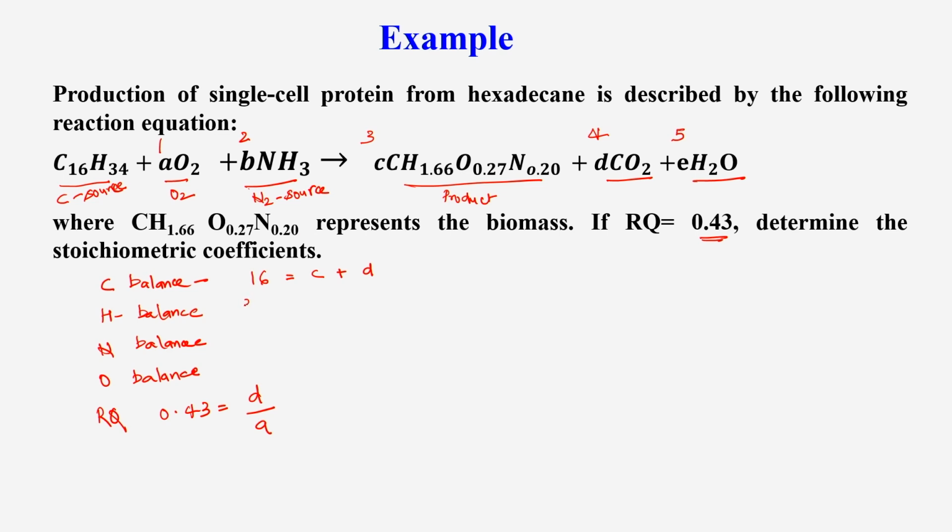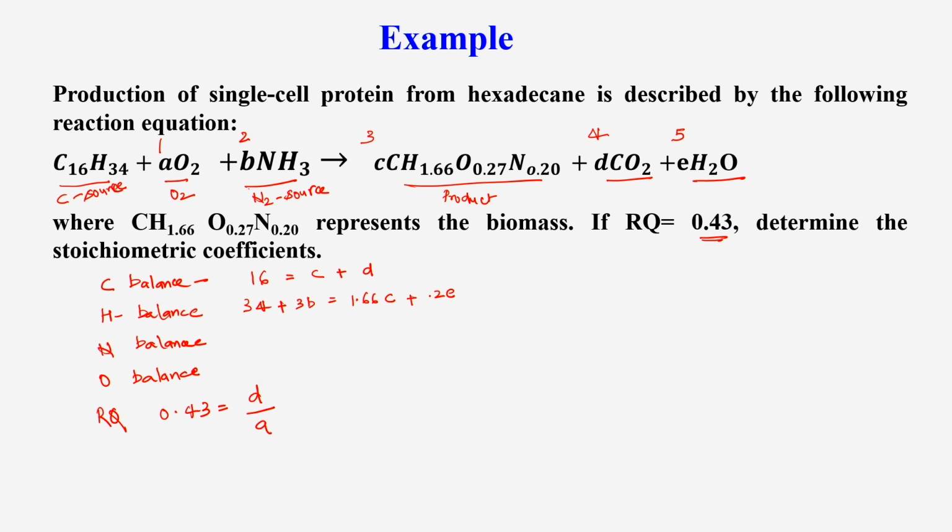Hydrogen balance: 34 plus 3B equals 1.66 C plus 2E.